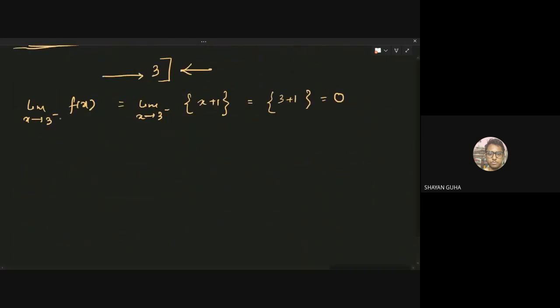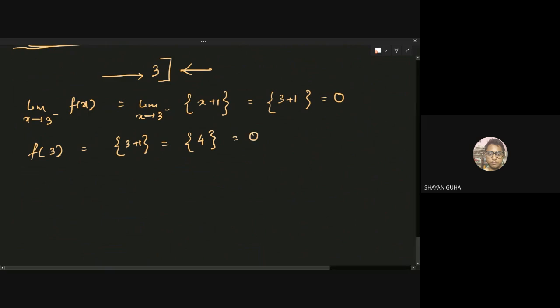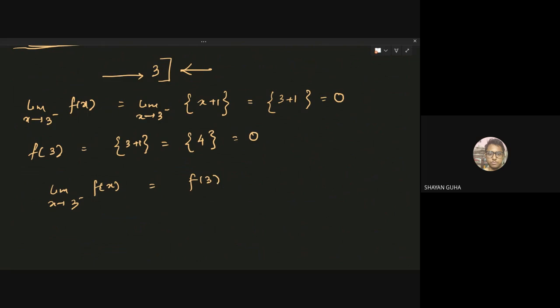Okay, so what is f of 3 here? f of 3 will be 3 plus 1. This is actually giving me fractional part of 4, which is 0. So I am getting the limiting value here as both of them are same. So limit x tends to 3 minus of f(x), is equal to f of 3.